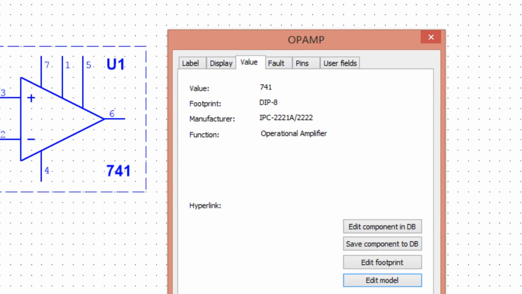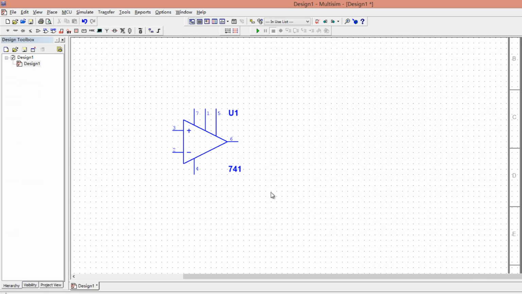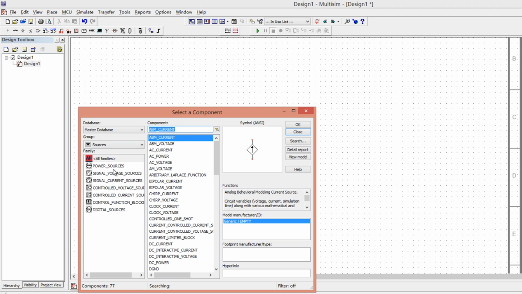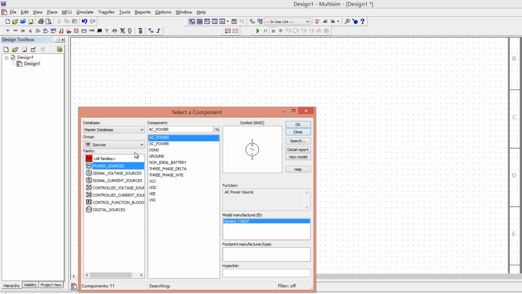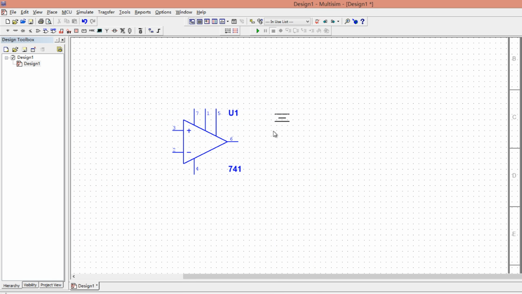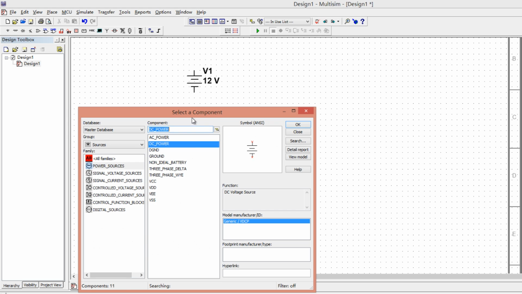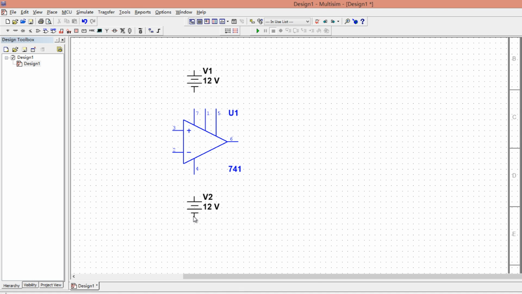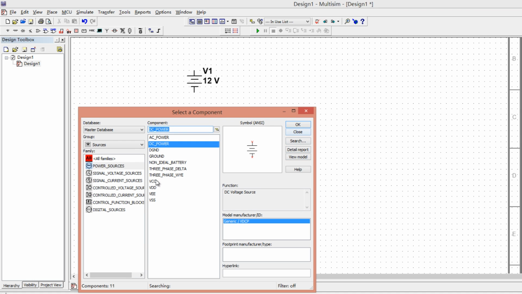Well, now we connect the correct power sources to the 741 op-amp. We've known the 2 power supplies are positive and negative 15. So we place a DC power here and place another one here and place a ground here.